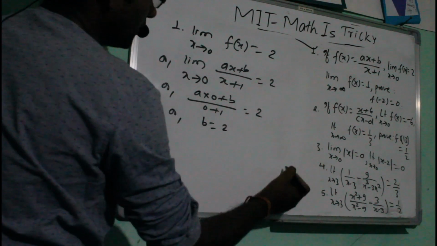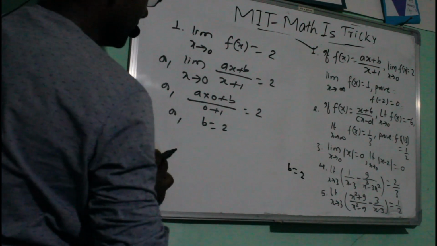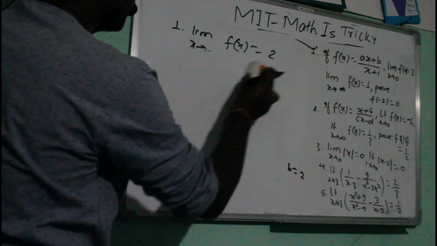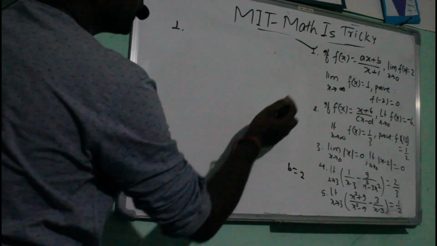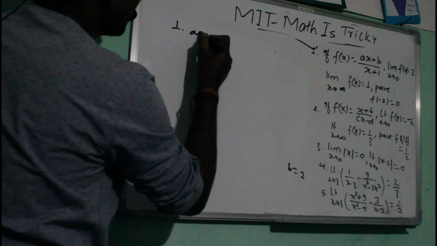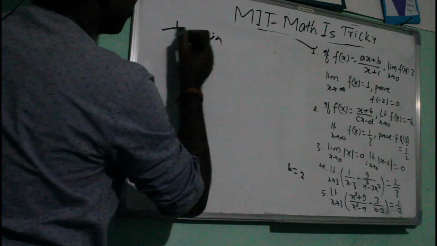Now similarly let's find the value of a. So what is the value of b? We got b equals 2. Now I'm solving the question to get a.